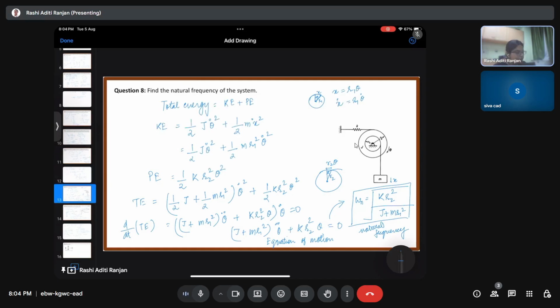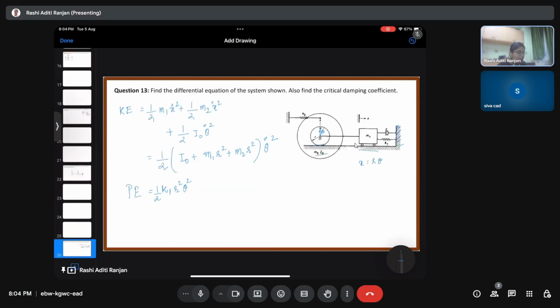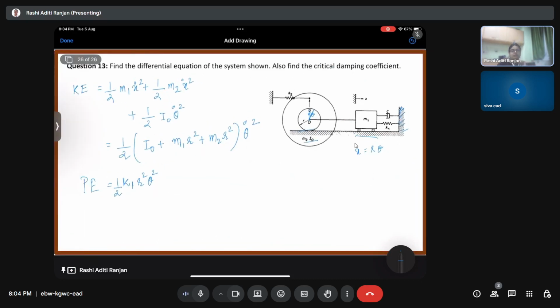The only difference was that this k was having a displacement equal to x, and second, its center was fixed. But in this case, if you look over here, the center is not fixed, but rather we are considering the displacement with respect to this point.